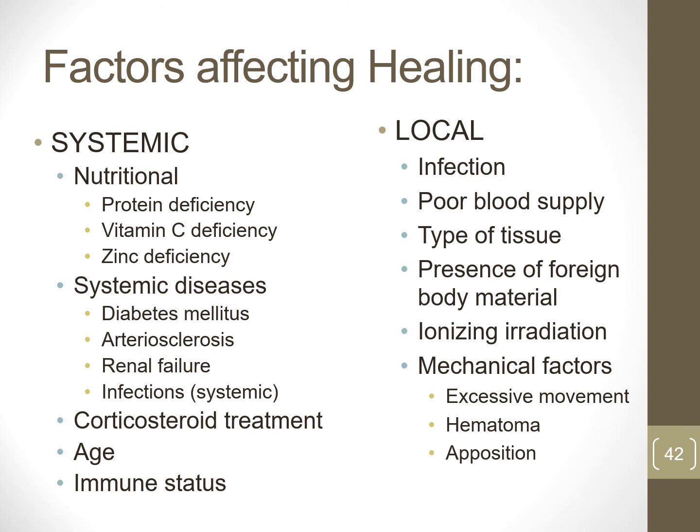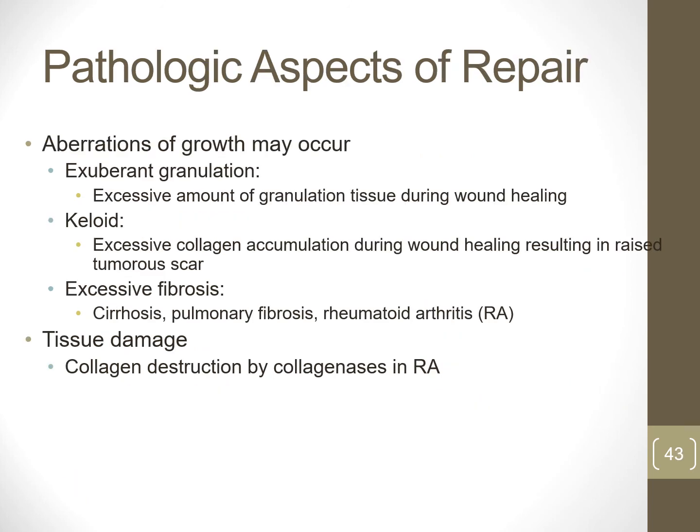If the patient moves a lot or exerts pressure on the wound, this will result in delayed healing. Hematoma, a collection of blood, also will result in problems in healing. And apposition: if the two parts of the skin wound are not apposed in a proper manner, this will result in delayed healing.